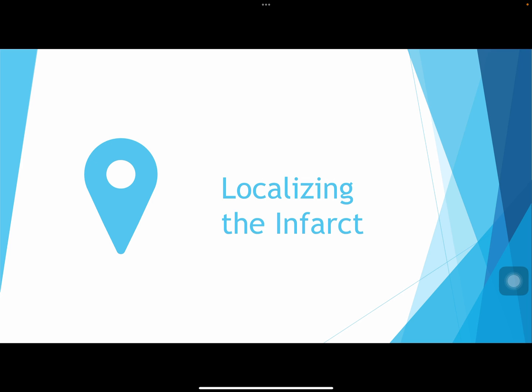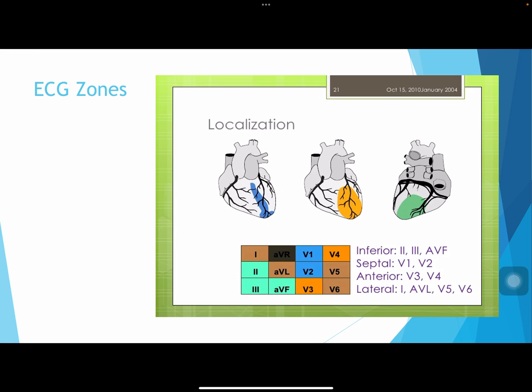So with localizing the infarct, we know that there's two major systems of blood supplied to the myocardium. One supplies the right side of the heart, and the other supplies the left side. We have the right coronary artery that runs between the right atrium and the right ventricle, and swings around to the posterior surface of the heart.